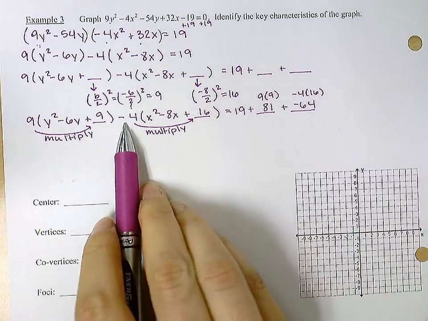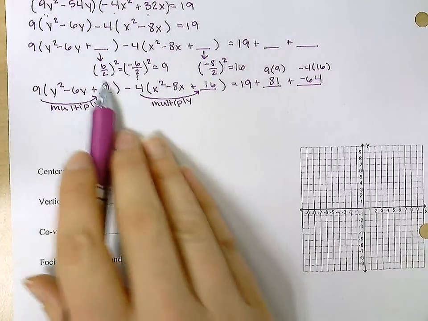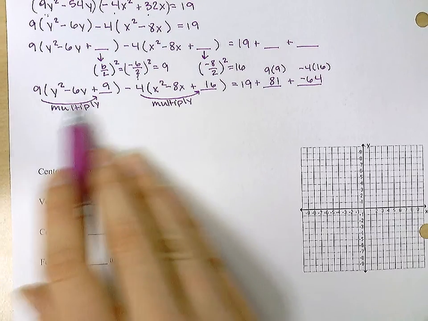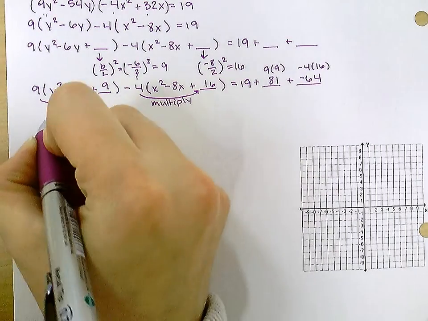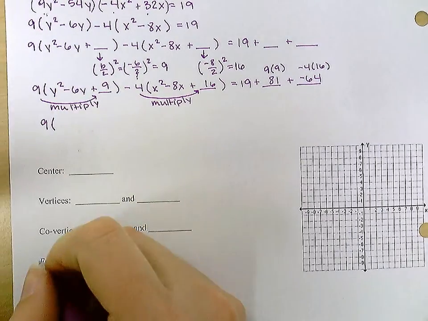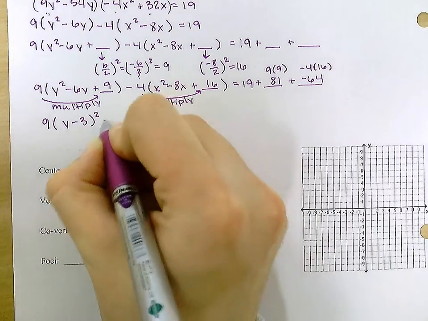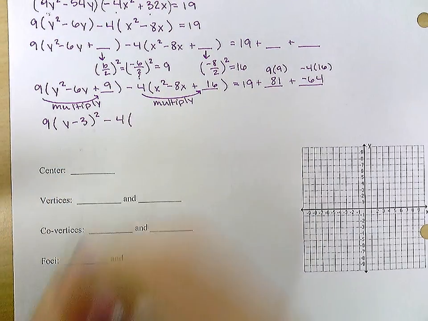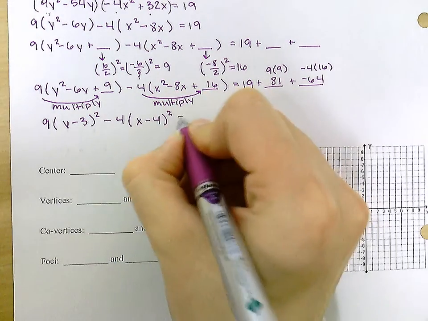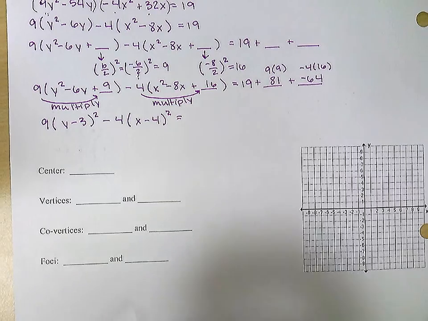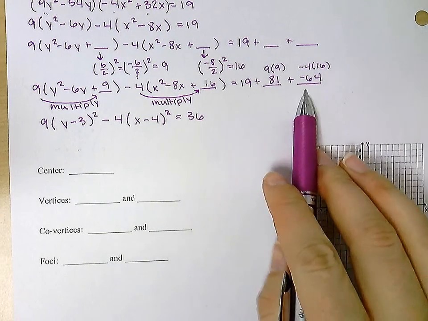Okay, don't forget there's a negative out front here. Okay, so then you just need to factor out these quantities, and it should be a quantity squared. So I would end up with 9 times y minus 3 squared minus 4 times x minus 4 squared. And that will be equal to 36 once I add these three values together.